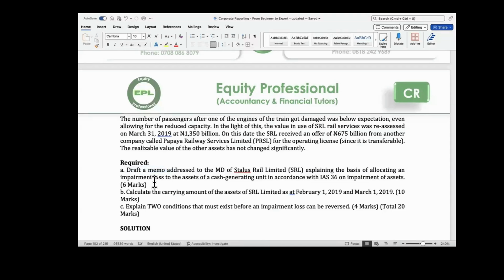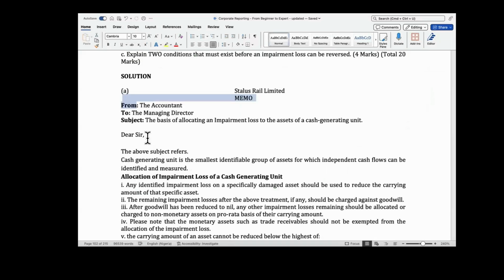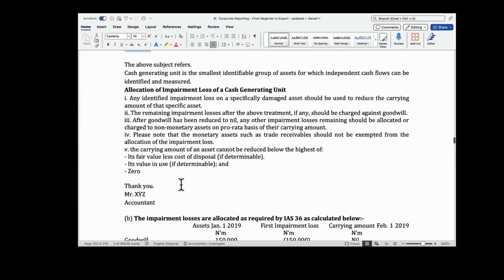When they say draft a memo, you just draft a memo, and majorly it's just the body, the name, the title, from, to, subject. There will be a date, of course. Then you write whatever, and you close with thank you.